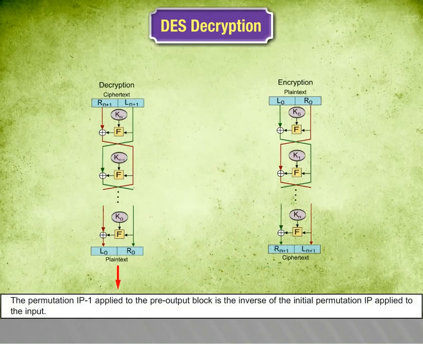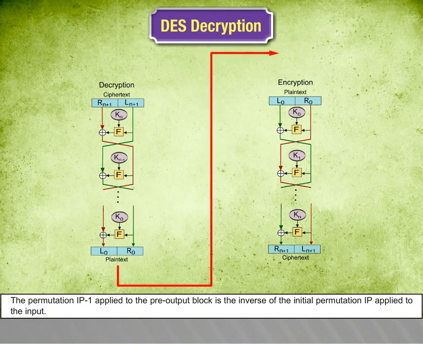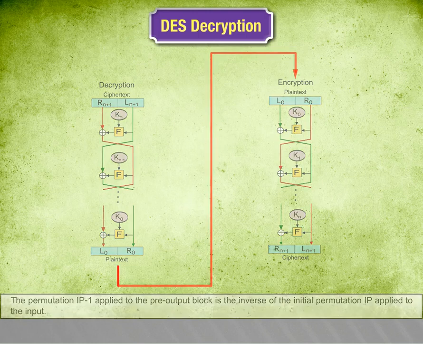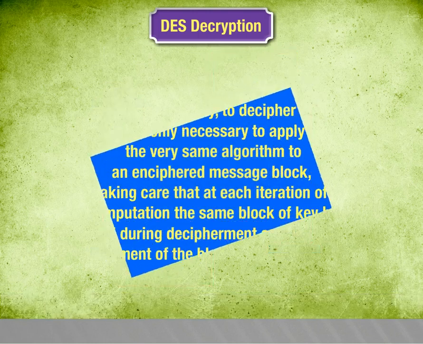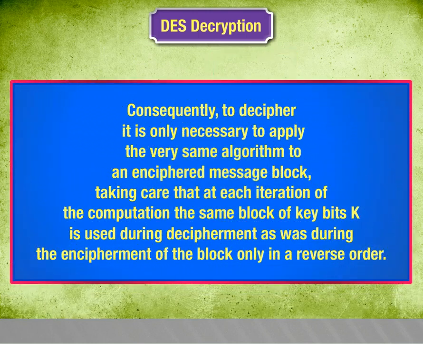The permutation IP-1 applied to the pre-output block is the inverse of the initial permutation IP applied to the input. Consequently, to decipher, it is only necessary to apply the very same algorithm to an enciphered message block, taking care that at each iteration of the computation, the same block of key bits K is used during decipherment as was used during the encipherment of the block, only in reverse order.